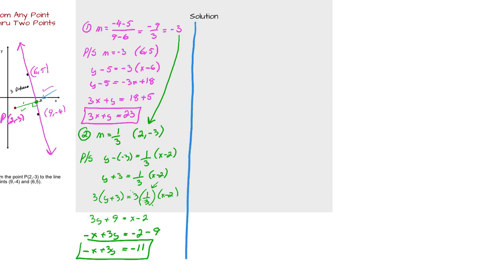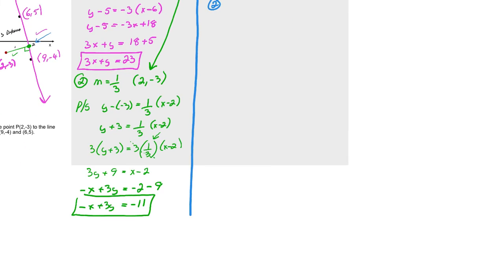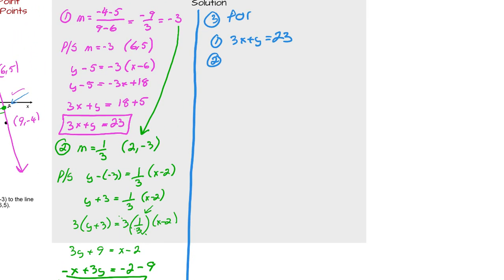I'm going to use blue. So my two equations stacked on top of each other to find the POI are equation number 1, 3x plus y equals 23, and equation number 2, negative x plus 3y equals negative 11.